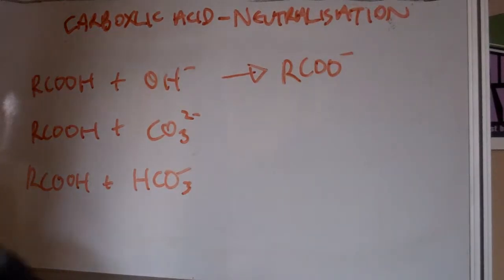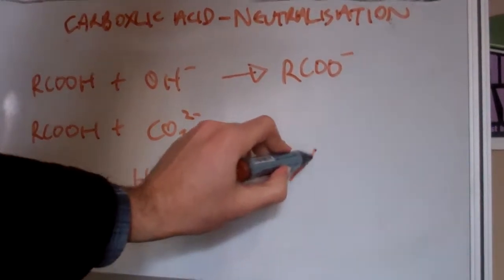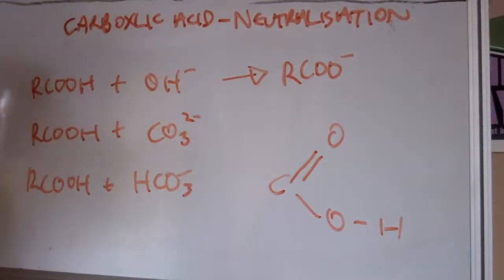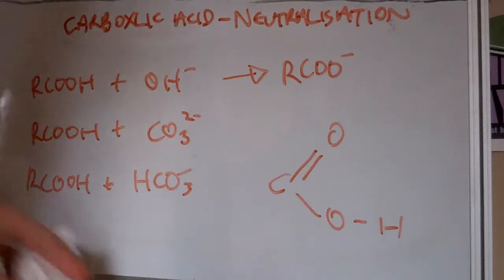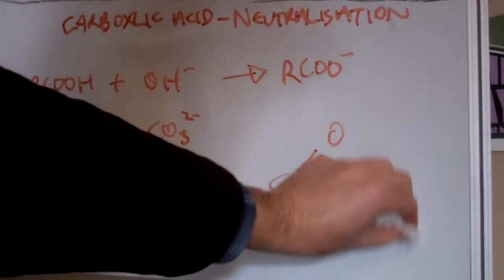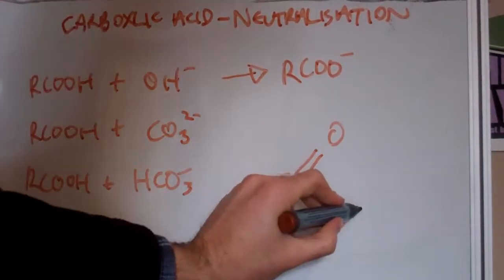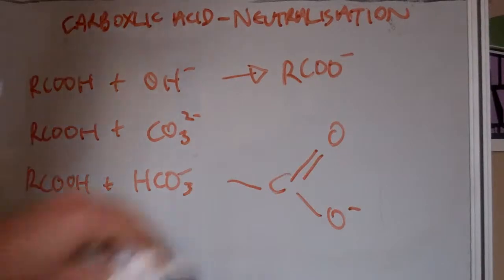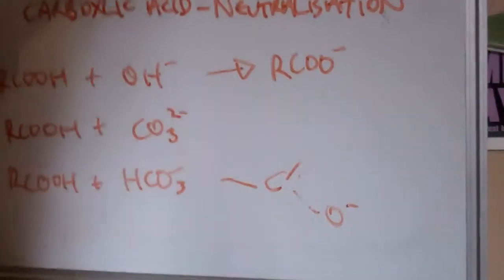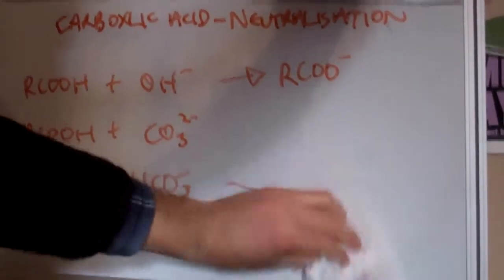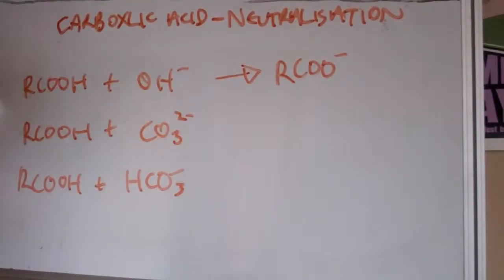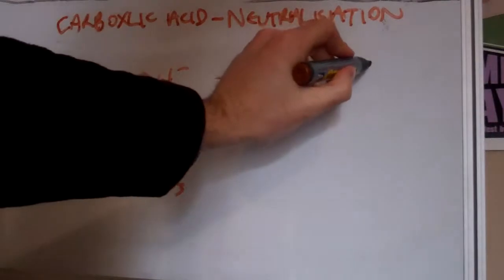Carboxylate ion again is the carboxylic acid, and we've just lost a hydrogen here, and this becomes a negatively charged ion, like that. Obviously it's attached to a carbon chain. Now the other product from an acid-base neutralization is always water.